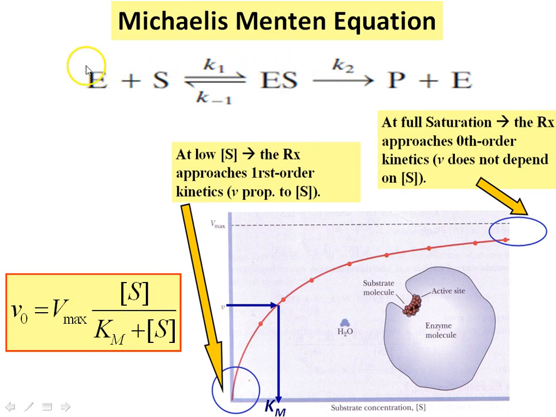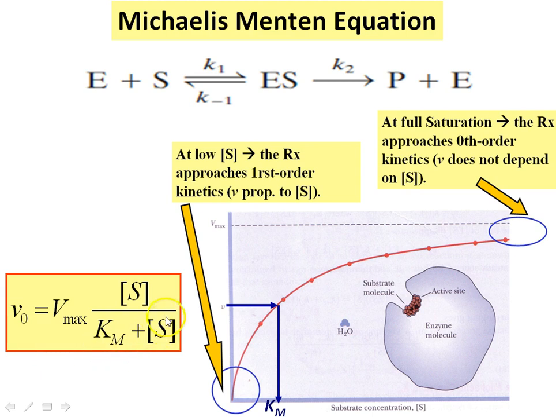I showed you last time how to derive from that model this very important equation, the Michaelis-Menten equation, whereby the velocity of the reaction is given in terms of things that can be measured in the laboratory: the maximum velocity Vmax, the substrate concentration, and the Michaelis constant Km.